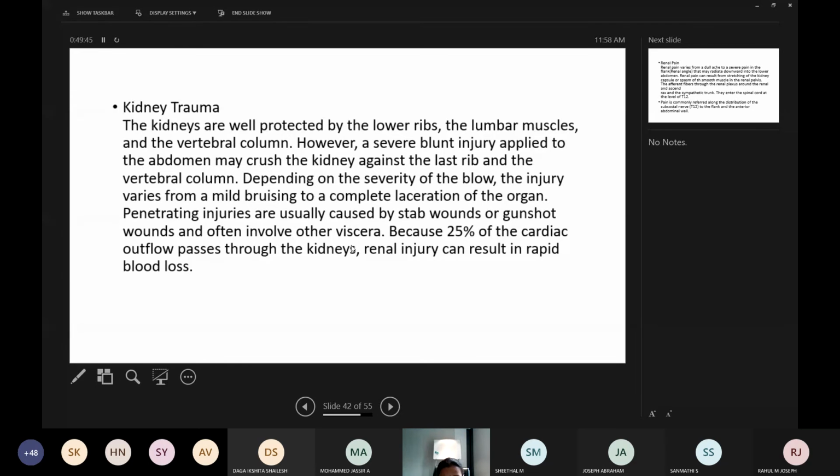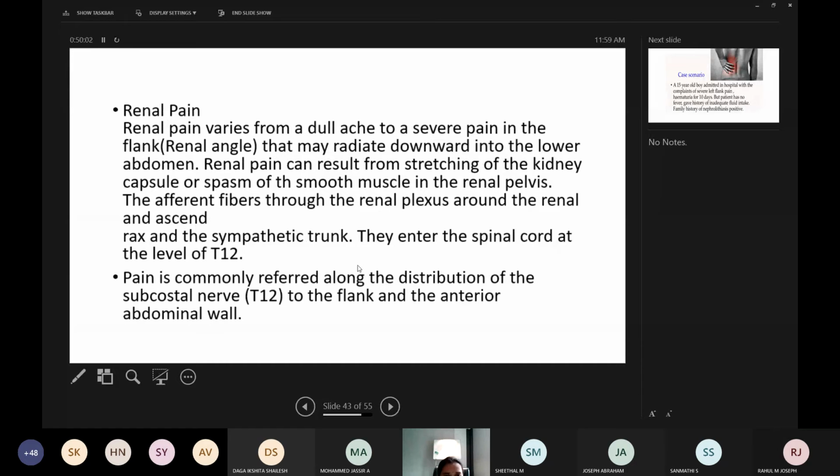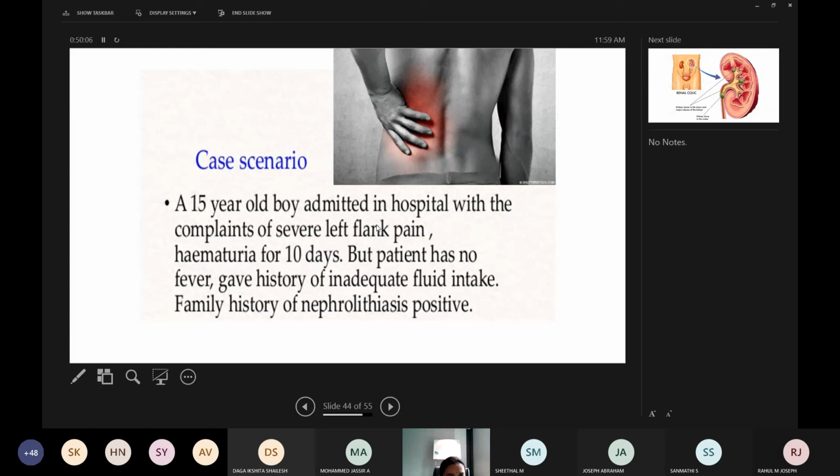That time it will bleed profusely because the kidneys get a larger amount of blood supply. 25% of the cardiac output passes through the kidneys. That's why renal injuries bleed profusely. Renal pain, it's the same thing. I'll explain that.